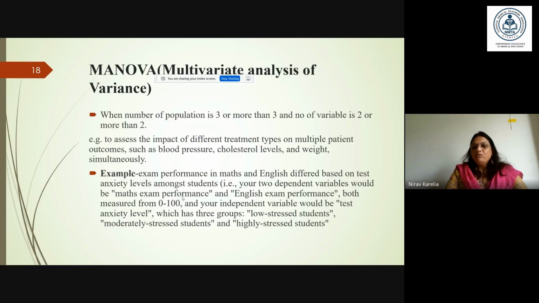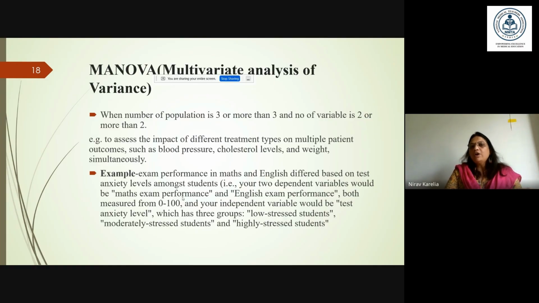Suppose I want to compare the scores of maths and English based on the students' test anxiety level. So here you have two dependent variables, maths exam score and English exam score, both measured on a Likert scale or any scale you use, and your independent variable would be test anxiety level, which has 3 groups: low stress, moderate stress and highly stressed.